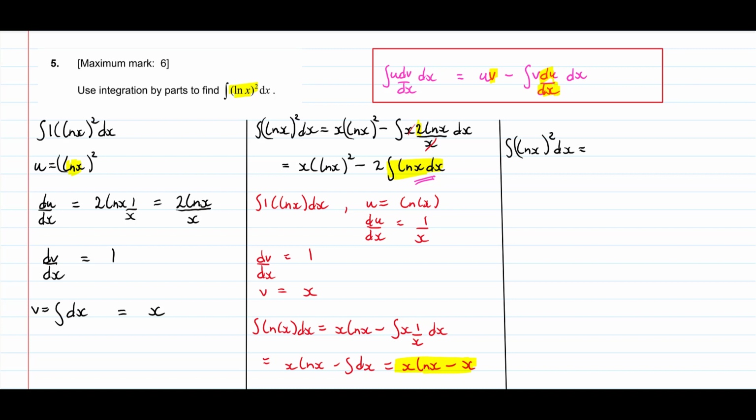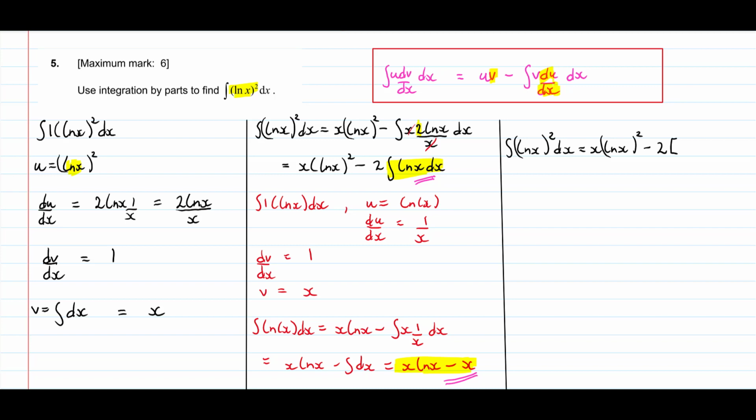That is equal to x times (ln x) squared minus 2 times the integral of ln x, which was that expression we had down the bottom, which I'll just underline there.